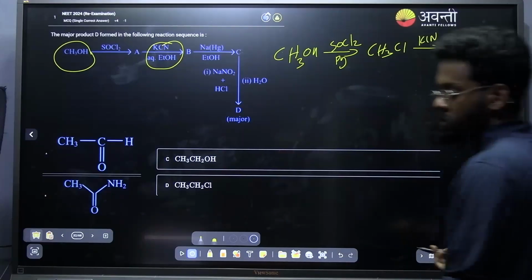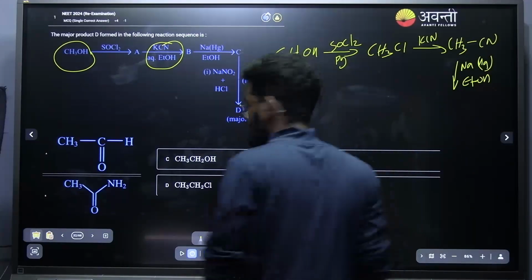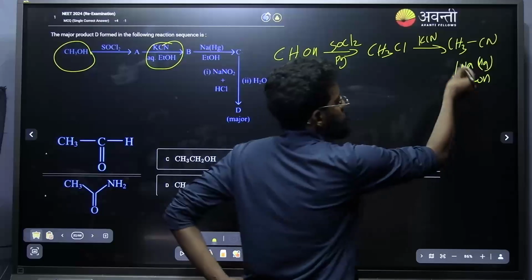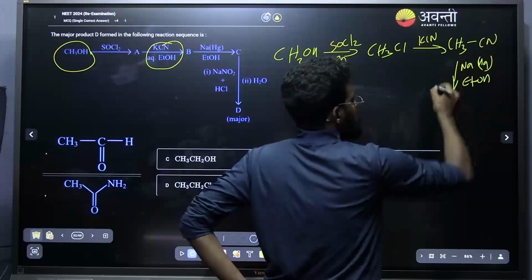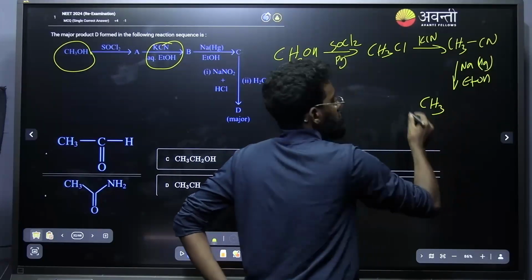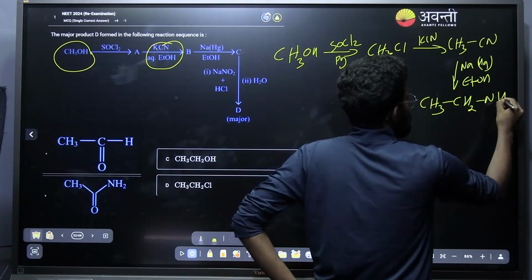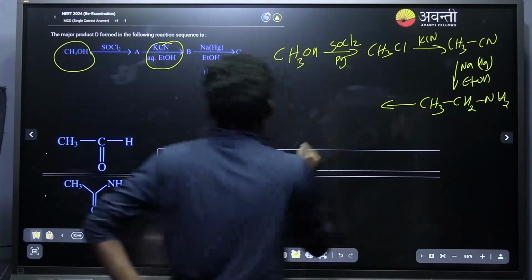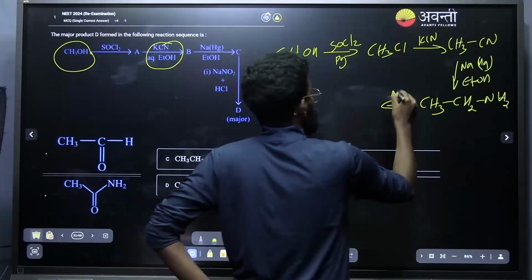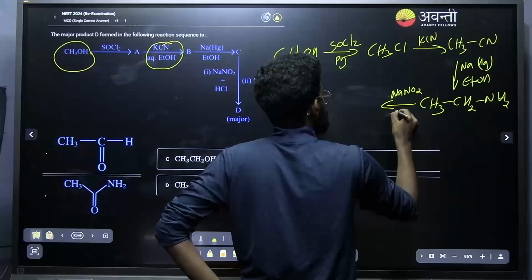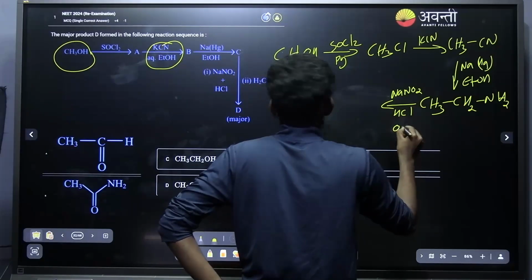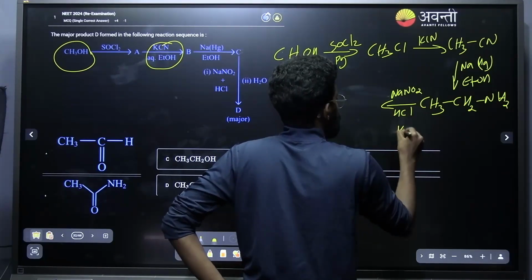We have discussed this in the amines chapter, in which this reaction is called Mendius reaction, in which we will be getting amine, CH3CH2NH2.